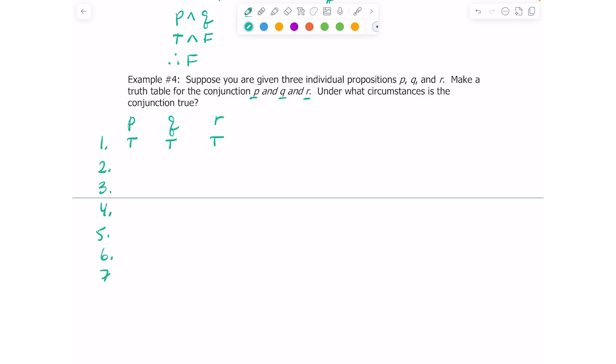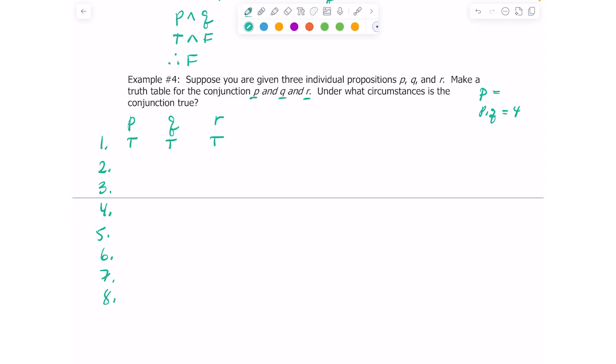So when you have one proposition, it's either going to be true or false, right? So there are 2 different possibilities. Let's say I've got P and Q. I know that there's going to be 4 cases. Right?